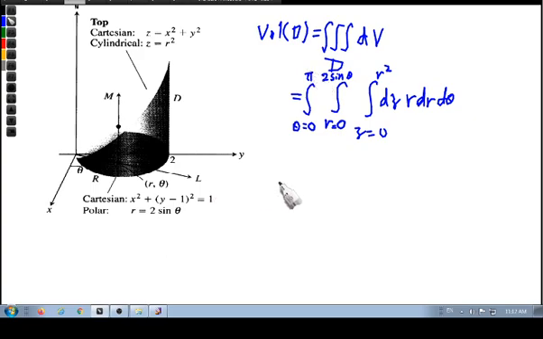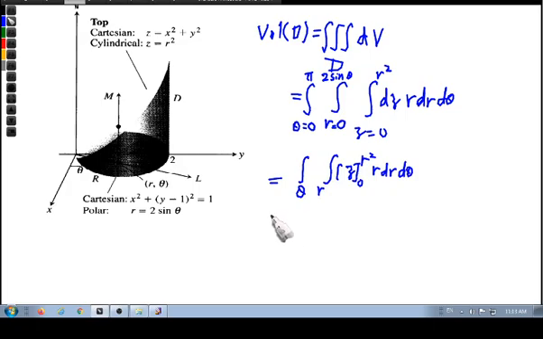So let us evaluate this. This is the integration with respect to z, dz, with z between the limits 0 to r squared, then integration with respect to r, dr, then integration with respect to theta, d theta.